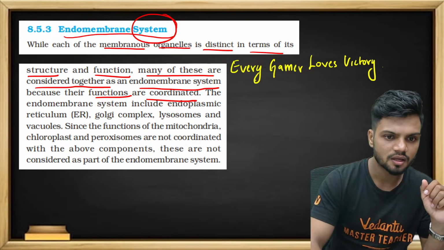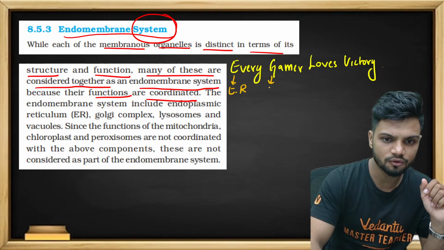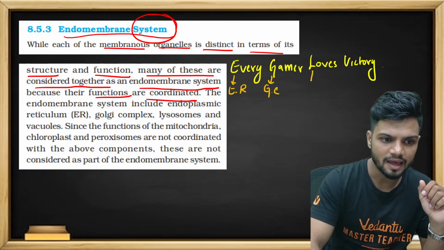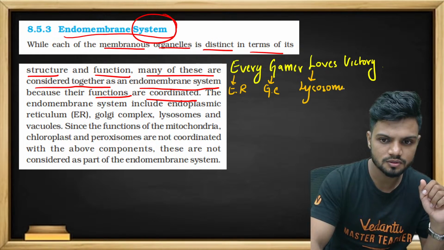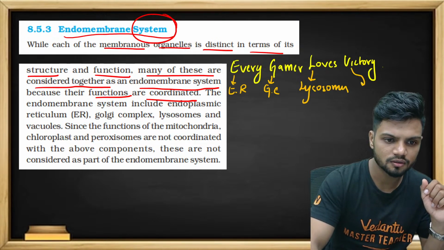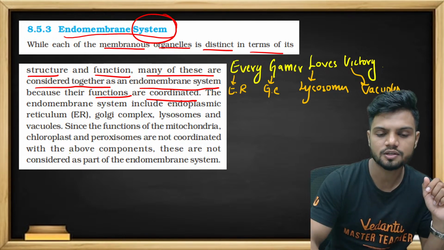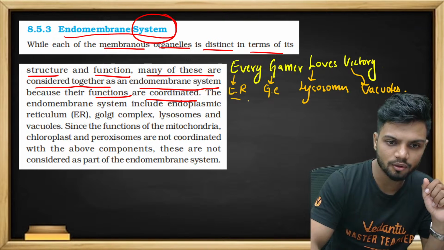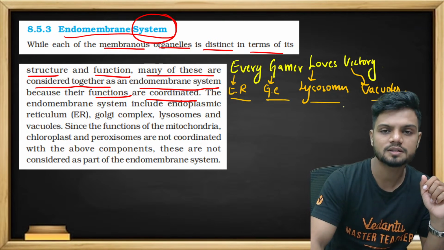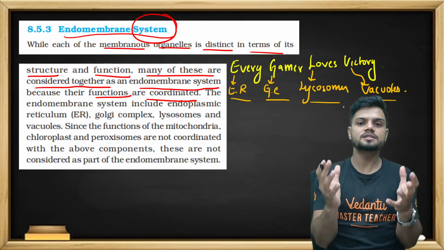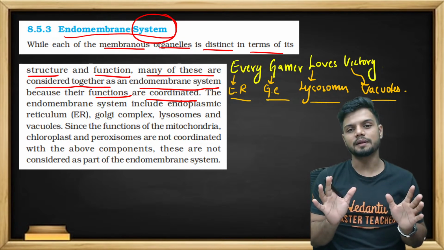That is E for endoplasmic reticulum, G for Golgi complex, L for lysosomes, and V for vacuoles. All of these belong to the endomembrane system. All of their functions are coordinated and they are happily ever after.